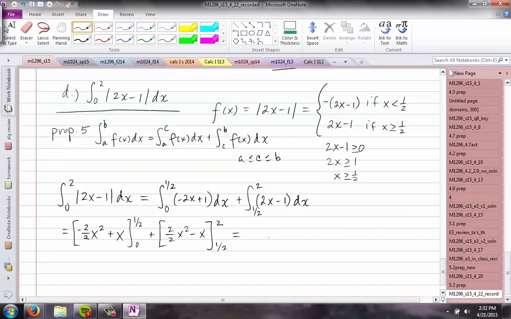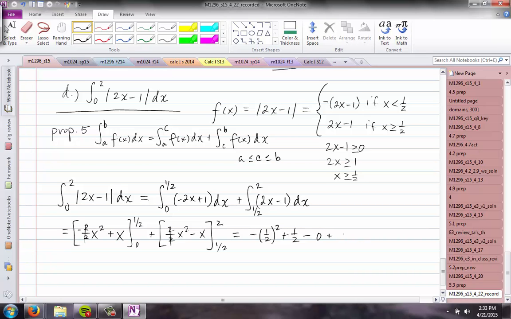Now plugging in, using the Fundamental Theorem of Calculus part 2, I'm going to first evaluate this function with the 2's canceled out. You have negative 1/2 squared, and then plus 1/2, minus what's going to end up being a 0 here. I'm just going to note that instead of writing in all the details.